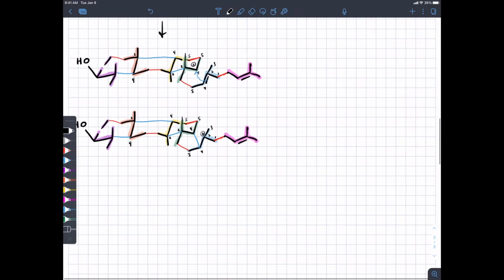Okay, questions so far? 4 bonds. The first 2 follow the rules that we've learned so far. The last 2, you have a trade-off between forming a 6-membered ring versus a 5-membered ring, and a secondary carbocation versus a tertiary carbocation. In the first case, you go for the 6-membered ring but secondary carbocation.